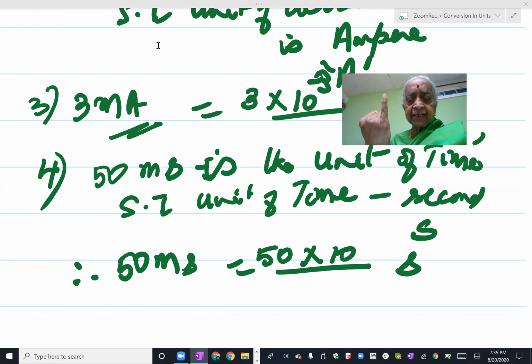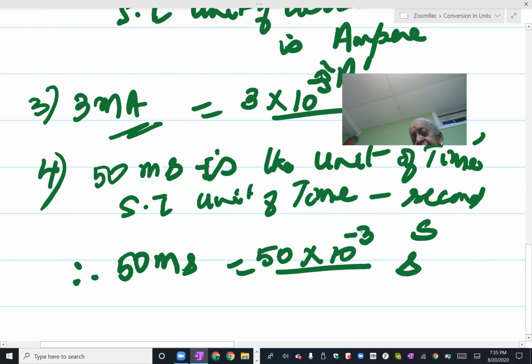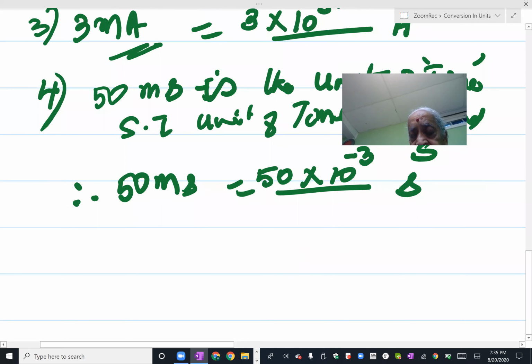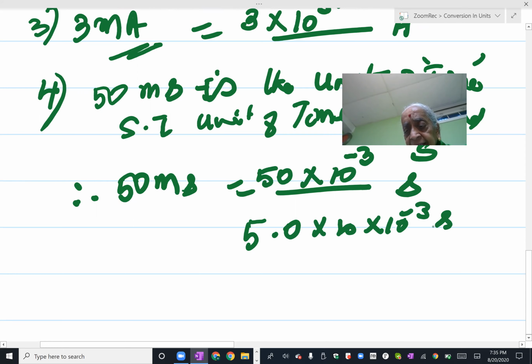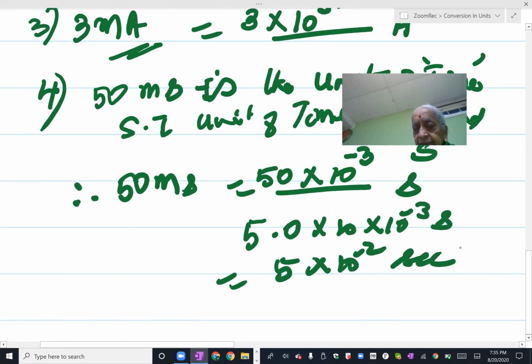You have centi seconds, then deci seconds, and then seconds itself. So again, there are 3, and therefore you have to write 10 to the power of minus 3 of a second. And because this 50 is a number greater than 10, you have to make some modification as 5.0 into 10 into 10 to the power of minus 3 seconds, which will be 5 into 10 to the power of minus 2 seconds. So this is how you have to make the conversion.